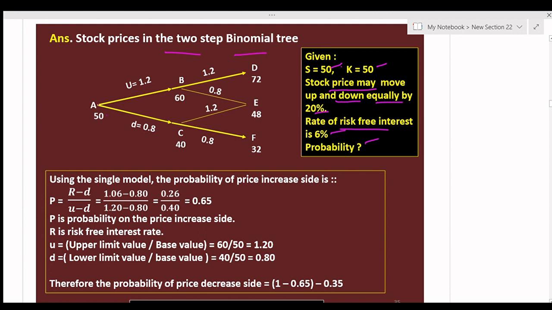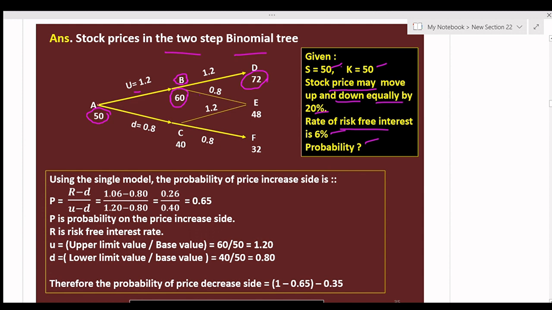Node A, the stock price is 50, is taken here. It has to move up by 20%. That is a 20% move at node B. It becomes 60, 1.20 into 50, and from there it moves up and will be 72, that is 60 into 1.20.